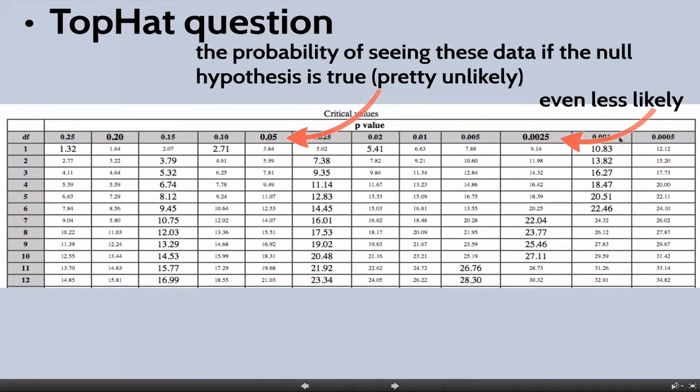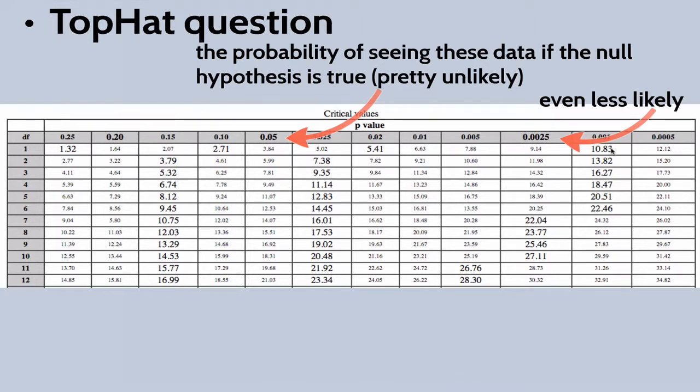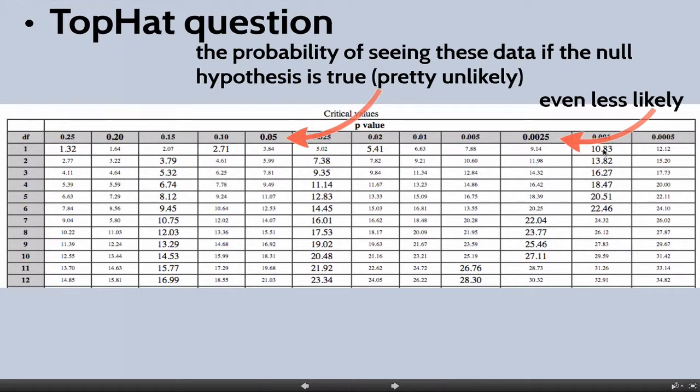So it's even less likely that we would see those data given that the population is in Hardy-Weinberg, which means it's probably less likely that the population is in Hardy-Weinberg, right? So the higher the chi-squared value, the less and less likely that those data are to be generated if a population is in Hardy-Weinberg equilibrium.